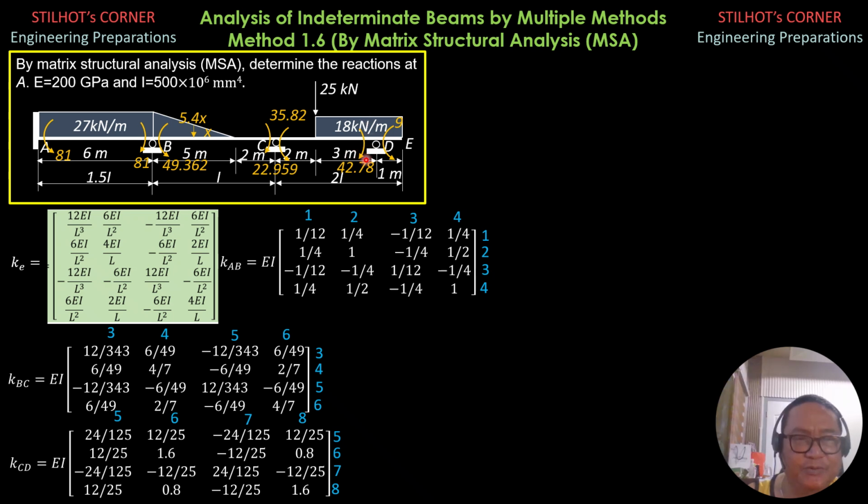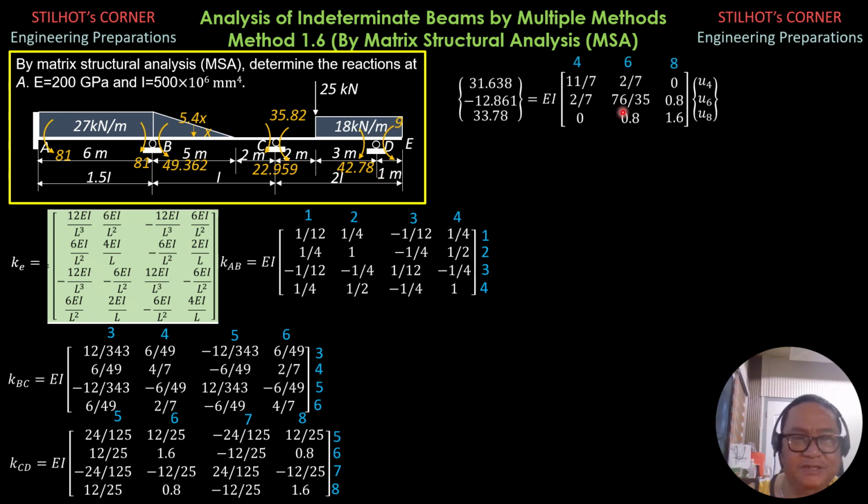Then at D, U8 or theta D, it's 42.78 minus 9. So 4, 6, and 8, numbering U4, U6, U8. These are the nodal displacements that we are interested in.